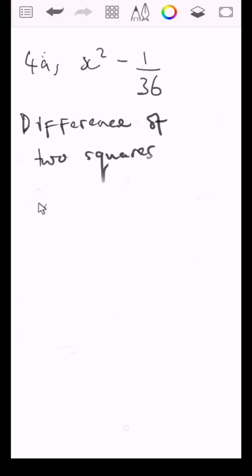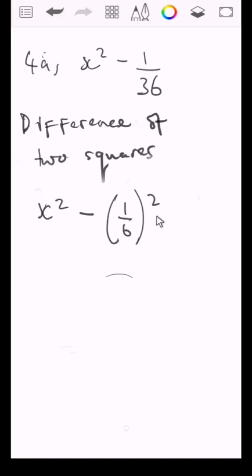So we have x squared minus, instead of writing 1 over 36, we write 1 over 6 squared. 1 over 6 squared is 1 over 36, because 1 over 6 times 1 over 6, we multiply the numerators, which is 1 times 1 to get 1, and the denominators, which is 6 times 6 to get 36. So we are going to get 1 over 36. So instead of writing 1 over 36, we express 1 over 36 as a square. That's why we write 1 over 6 squared.